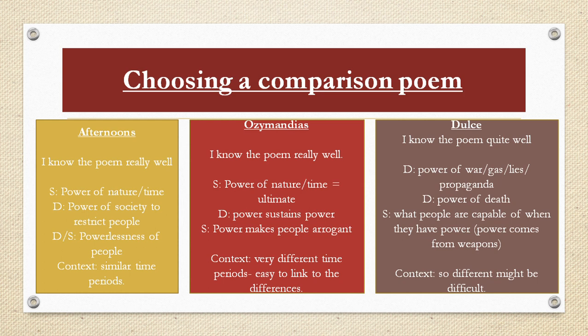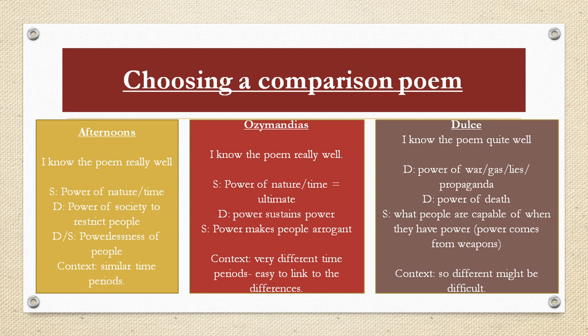And the only similarity I could think of was what people are capable of when they have power, and obviously in Dulce the power comes from weapons or war itself. The context is also so different that it would be quite difficult, I think. So I would discount Dulce. I don't think it's a very good example. It would be something you would only do if you had not revised any other poem.